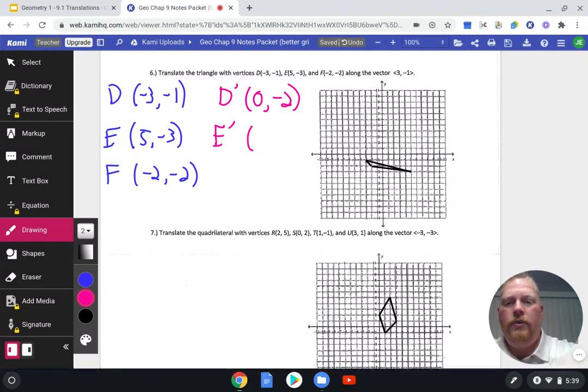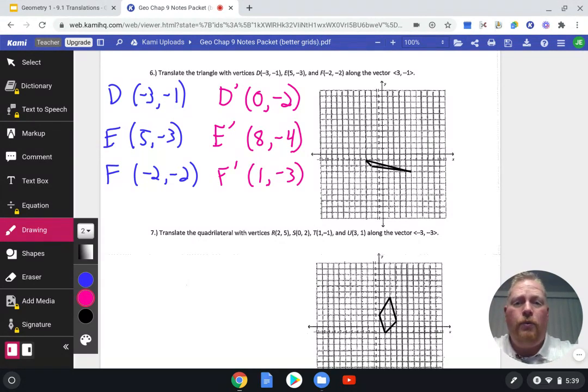So E prime, if I add 3 and then subtract 1, and then F prime, if I add 3 to negative 2, that gives me a positive 1. And then subtract 1, that will give me a negative 3. And then all I have to do is plot those points. So 0, negative 2, 8, negative 4, and 1, negative 3.